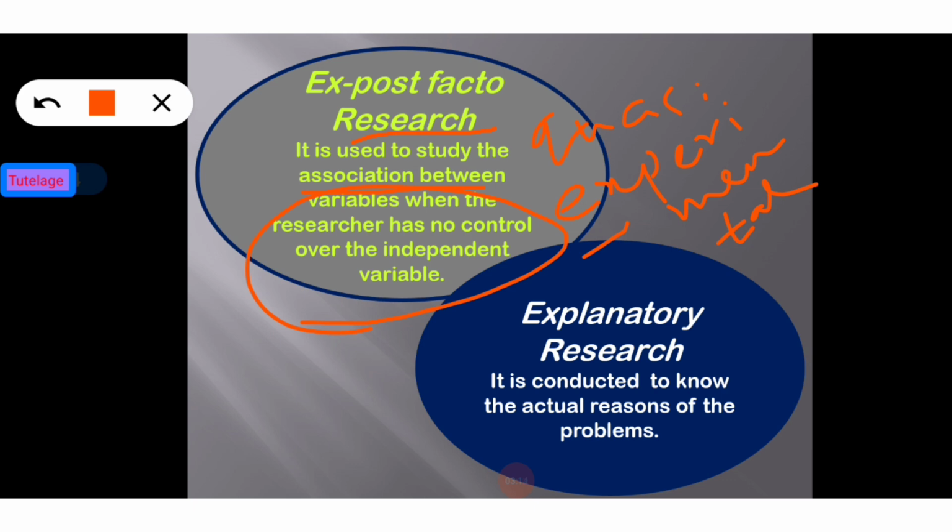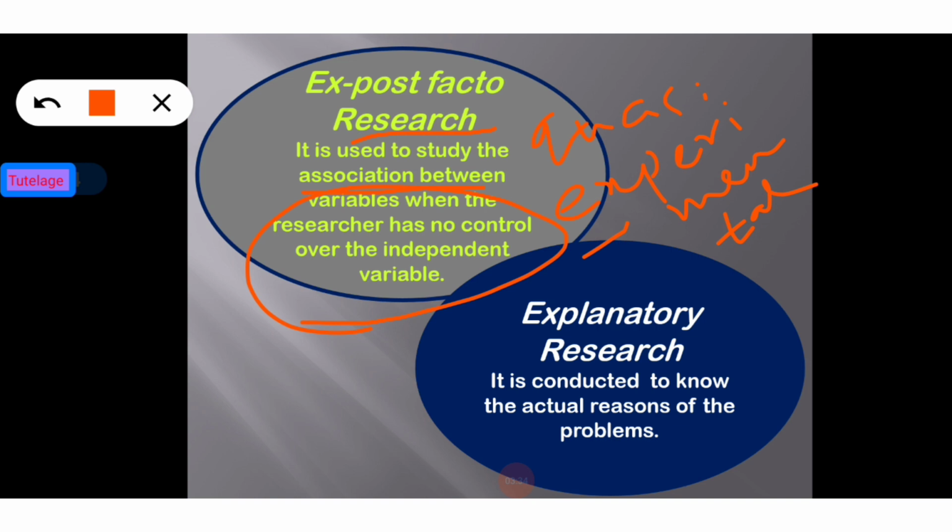We have already known there are two variables, and some types of research basically denote the relationship or association between the dependent variable and the independent variable. We will discuss later what we mean by independent and dependent variables.